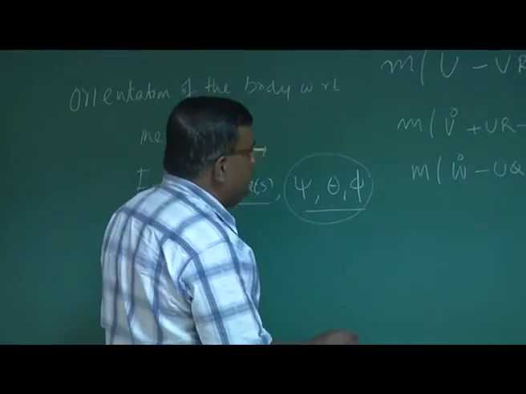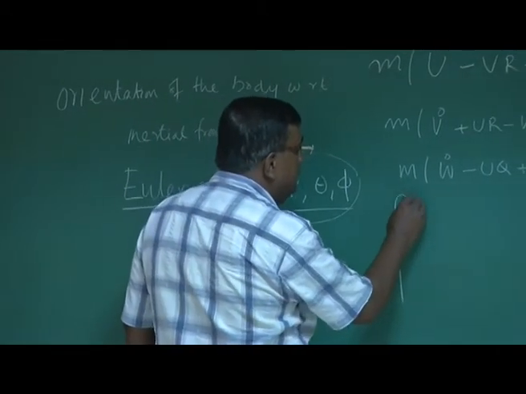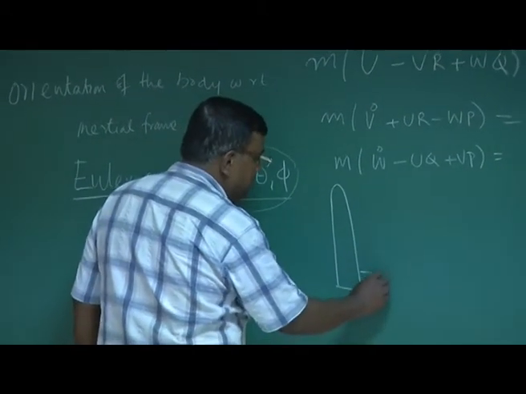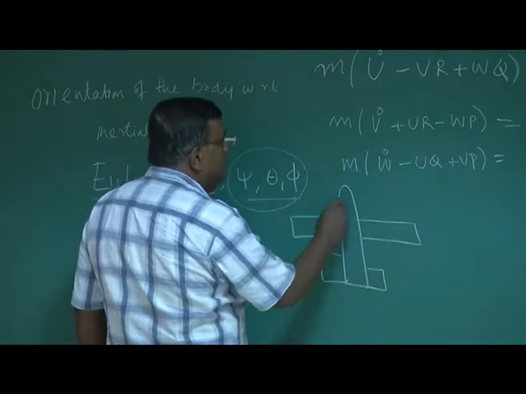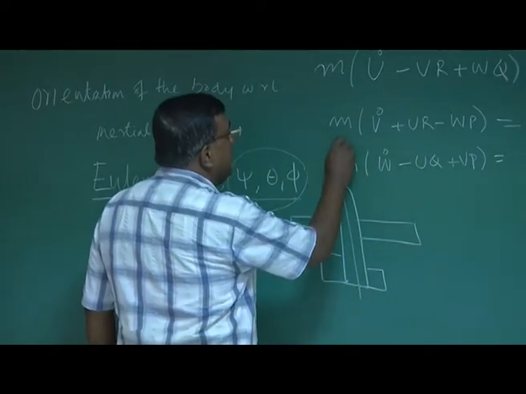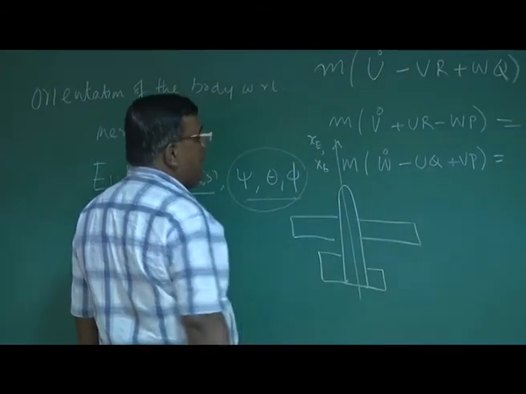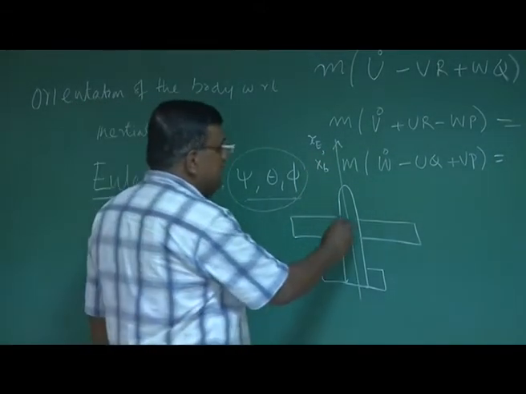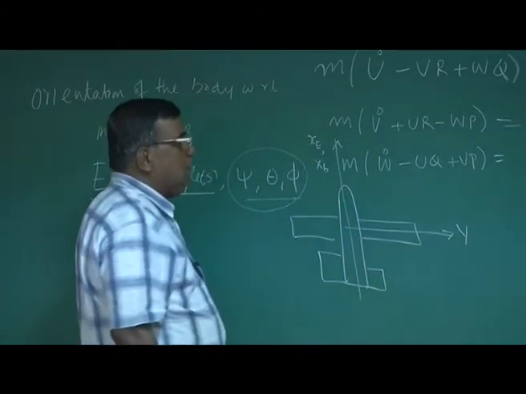Let us understand that. Let's say this is the airplane, and this is x, earth, as well as x of the body. I've aligned it like this. And this is the y, and then z is into the board.